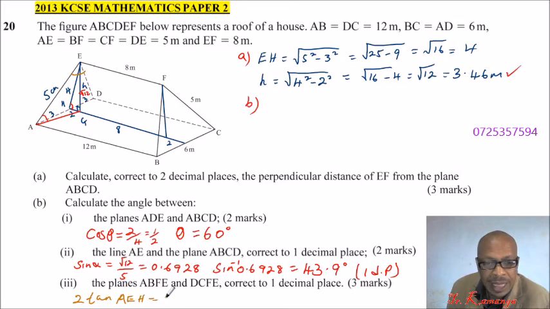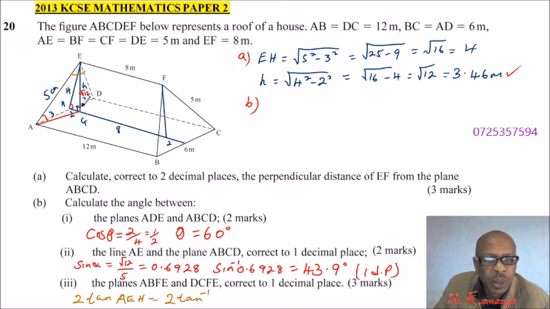AEH is equal to, that is that angle, you multiply by 2 so that we get the whole angle, which is 2 multiplied by tan inverse of this angle, where tangent of this angle is opposite over adjacent. The opposite is 3, and the height is root 12.